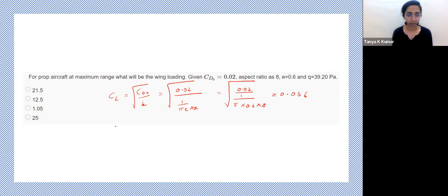Okay, then how do we proceed? We need to find out wing loading. What is the equation?